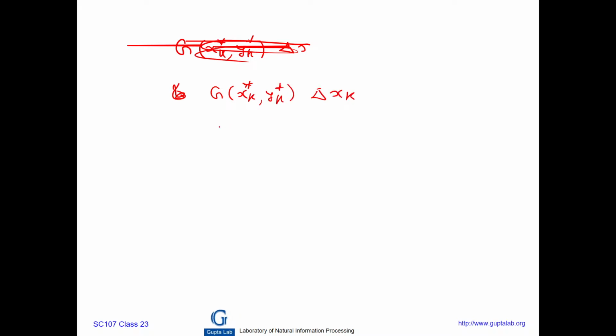G is the function, G of xk star, yk star times delta xk. Similarly, we can form G of xk star, yk star delta yk, and similarly G of xk star, yk star delta sk.